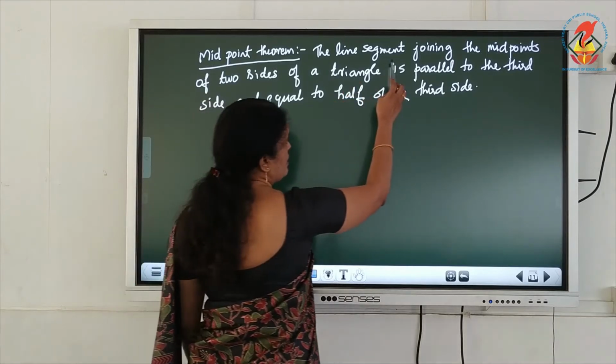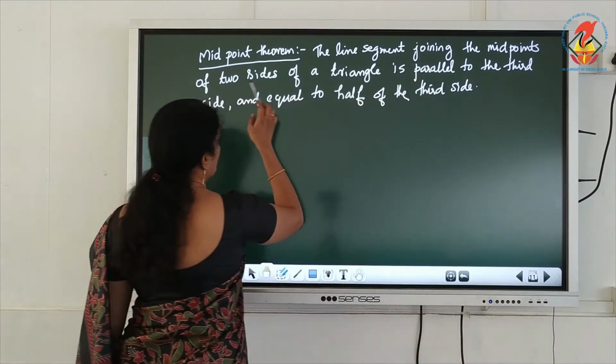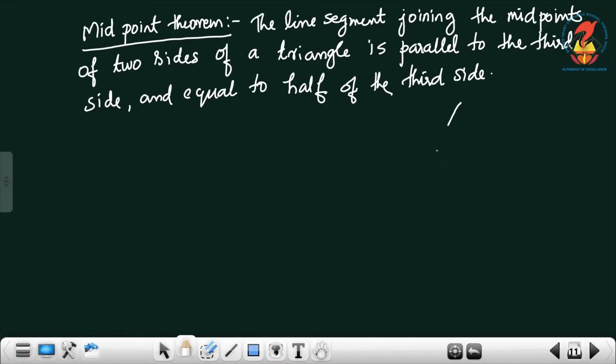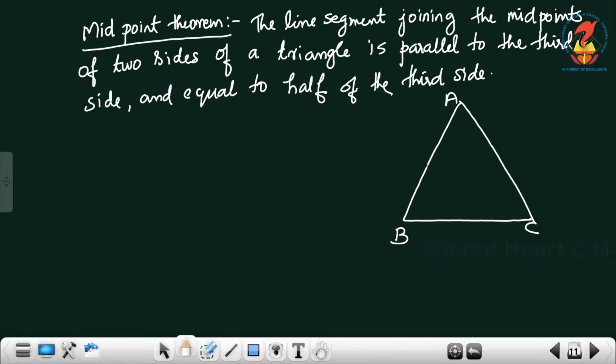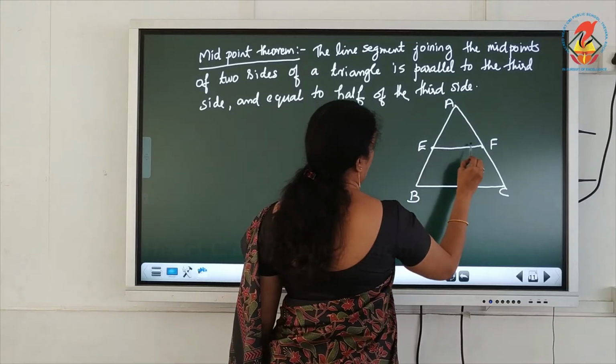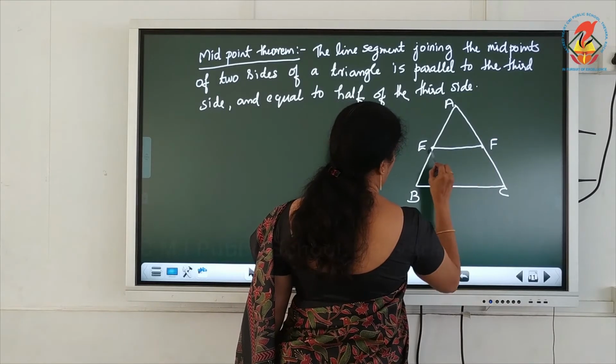The line segment joining the midpoints of two sides of a triangle. First we draw a triangle ABC. Midpoints of these two sides AB and AC are E and F. Joining these two points, you will get a line EF.